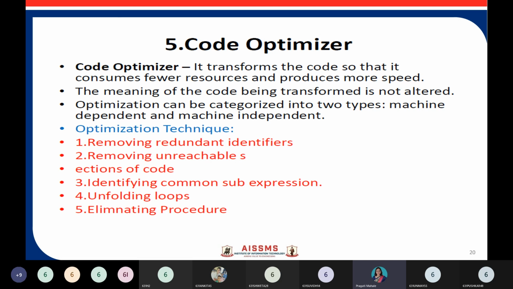Optimization can be categorized into two parts: machine dependent and machine independent.